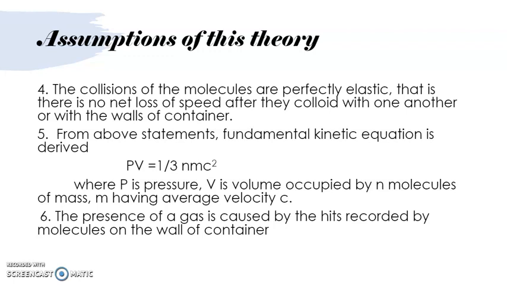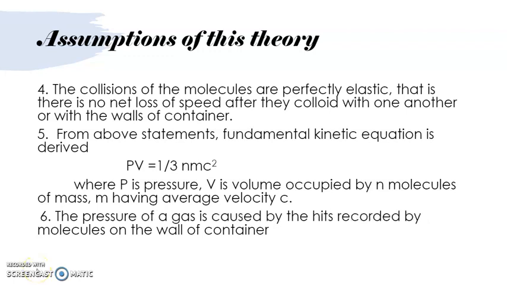Fifth assumption, from the above statements, the fundamental kinetic equation is derived, which is PV is equal to 1 by 3 nmc square, where P is pressure, V is volume occupied by n number of molecules of mass m having average velocity c.